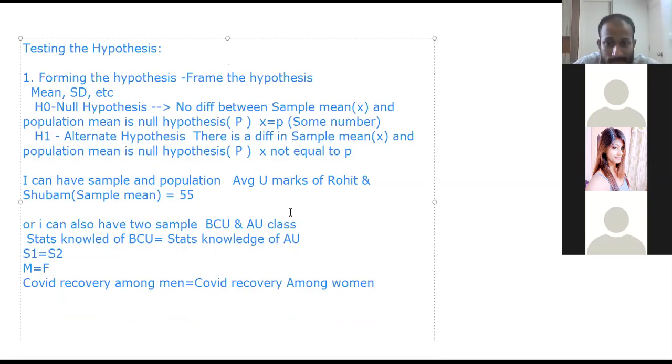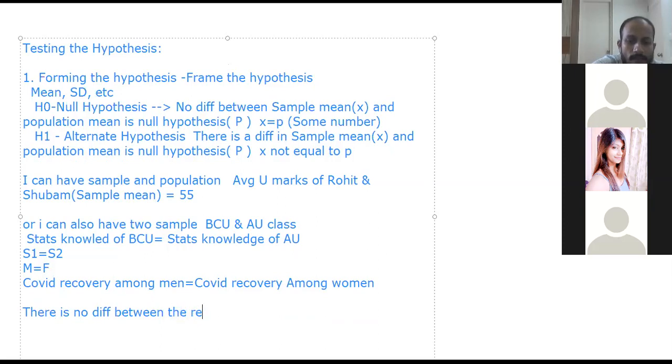I have to frame it like this: there is no difference between the recovery among men and women who are affected by COVID.